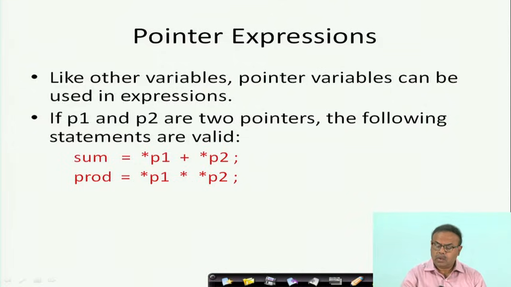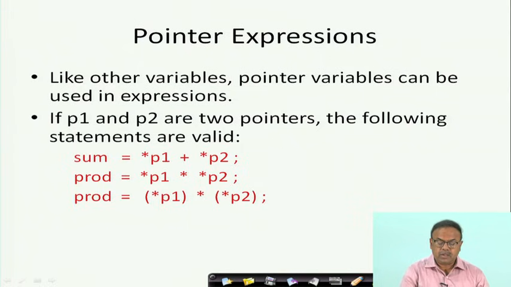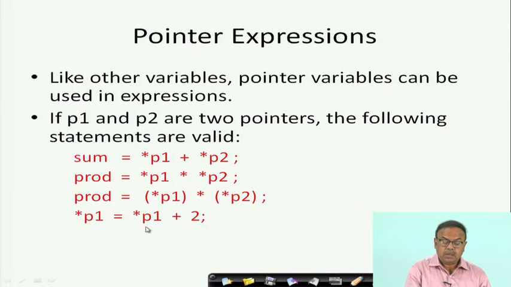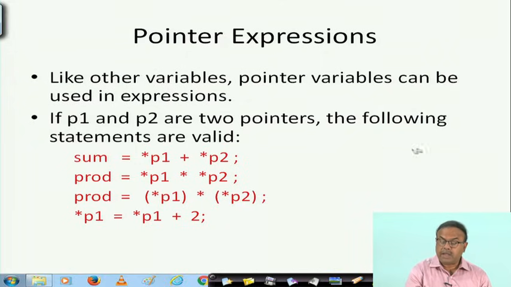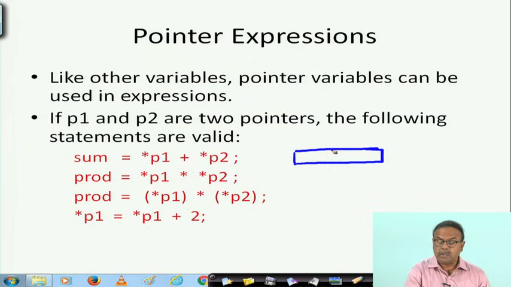Similarly, these two are equivalent, of course, I have already shown that. Now, this is also possible: star P1 plus 2. In my earlier drawing, P1 was 50, so 50 plus 2 comes over here. Whenever you find difficulty, as I suggested, just draw a simple diagram. P1 is pointing to some other variable which has the value 40.